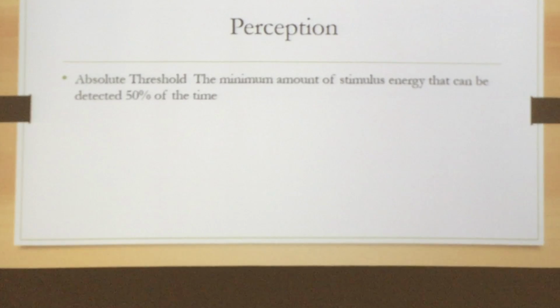You have a light bulb in there, and they are very, very gradually putting enough electricity to gradually turn that light on, and the very second that you start determining any light, they do that over and over again, and when they figure out, after repeated tests, the minimum amount of electricity that it would take for you to detect the light 50% of the time, that's your absolute threshold. It can be any sense, okay?